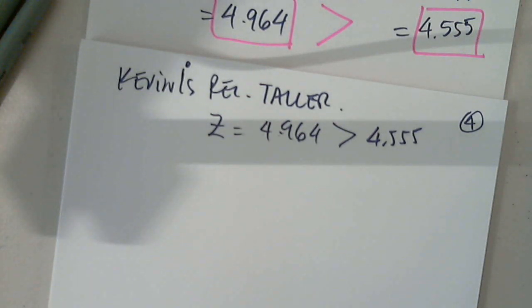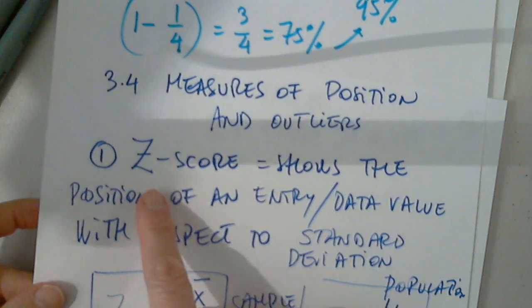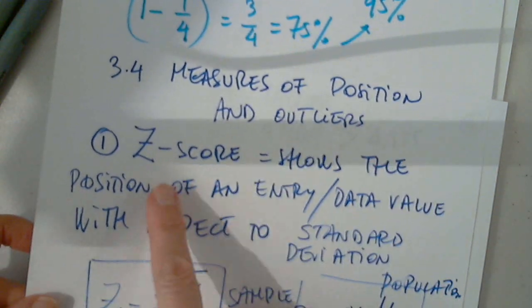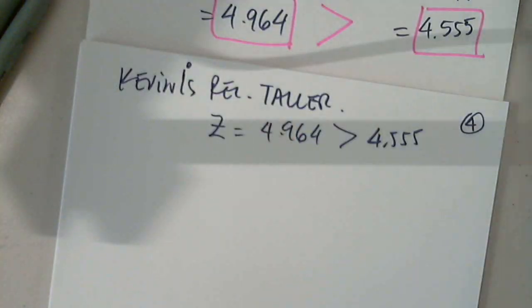So with the z-score, we can relatively say position. So it's a measure of position. It tells us where an entry is in the respective data set. That was number one.